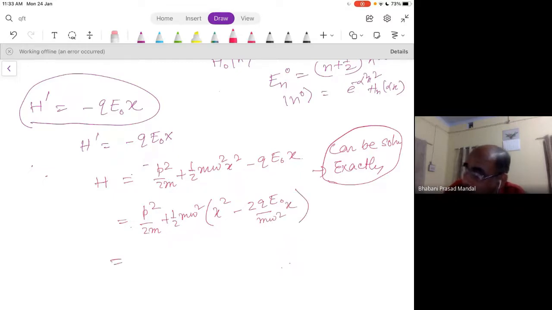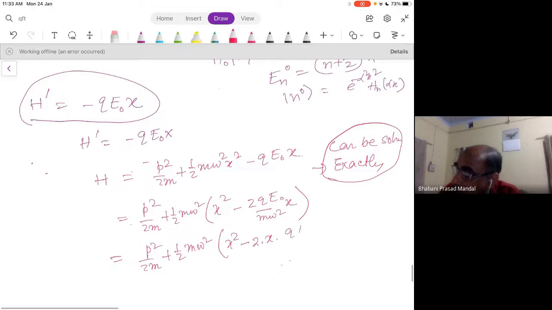Which I can write as p square by 2m plus half m omega square times x square minus 2 times x times q E0 by m omega square, plus I can write q E0 by m omega square whole square, minus q E0 by m omega square whole square.